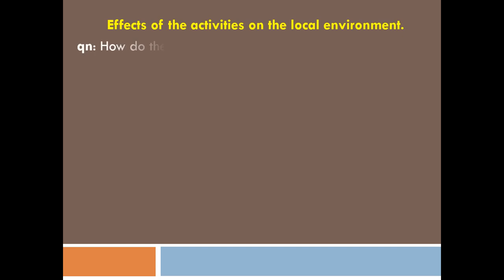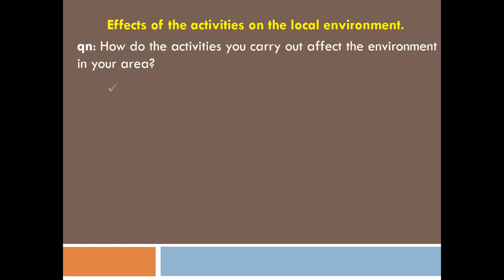So by observing those photographs, we can identify the different negative effects, some of them, and we shall base these effects on this question: how do the activities you carry out affect the environment in your area?